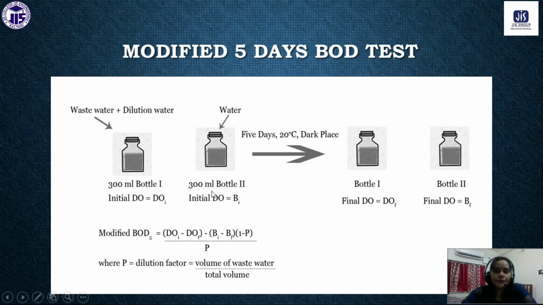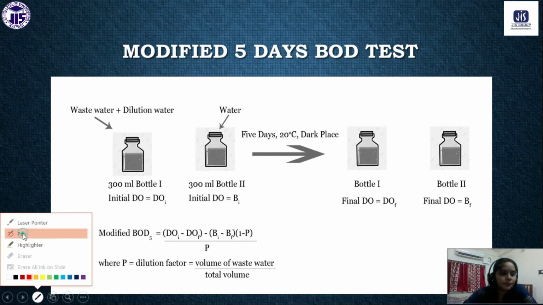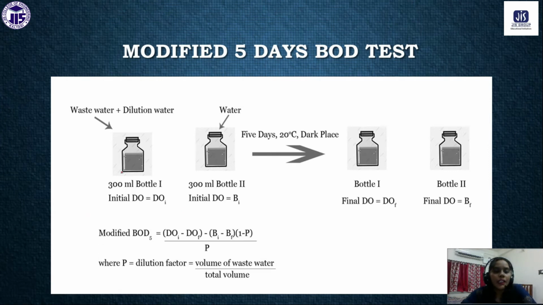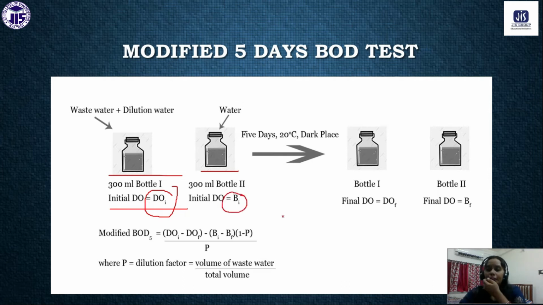Yes, look at the screen here. These are the bottle 1 and bottle 2 we have taken. Initially the dissolved oxygen is DOI for bottle 1, and for bottle 2 it's BI. After 5 days, for bottle 1 the final dissolved oxygen is DOF, and the final DO for bottle 2 is BF.